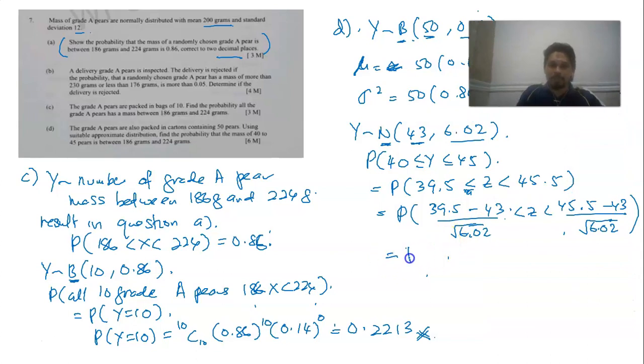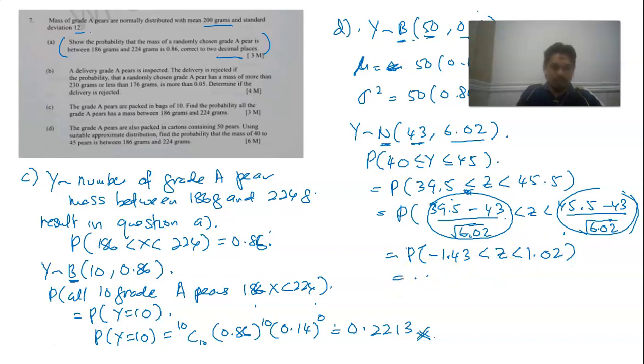Okay, so then the total of this gives you negative 1.43, and this one here gives you 1.02.